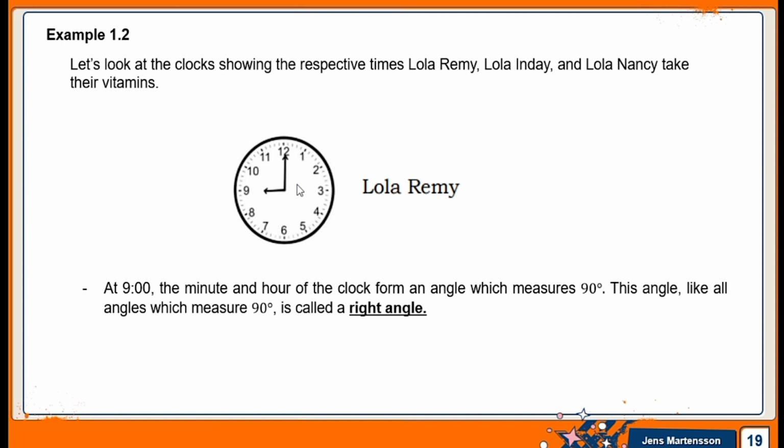At 9 o'clock, the minute and hour hands of the clock form an angle which measures 90 degrees. This angle, like all angles which measure 90 degrees, is called a right angle. If the measure of the angle is 90 degrees, that is called a right angle.